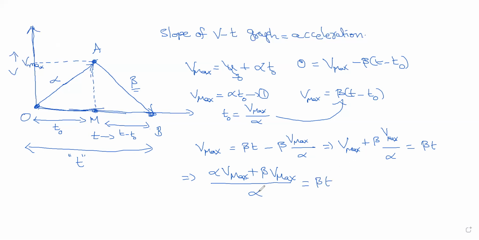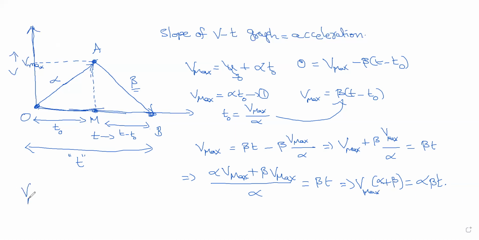If I take Vmax common, and send alpha to the other side, I get Vmax times alpha plus beta equals alpha beta T. Now send alpha plus beta to the other side.